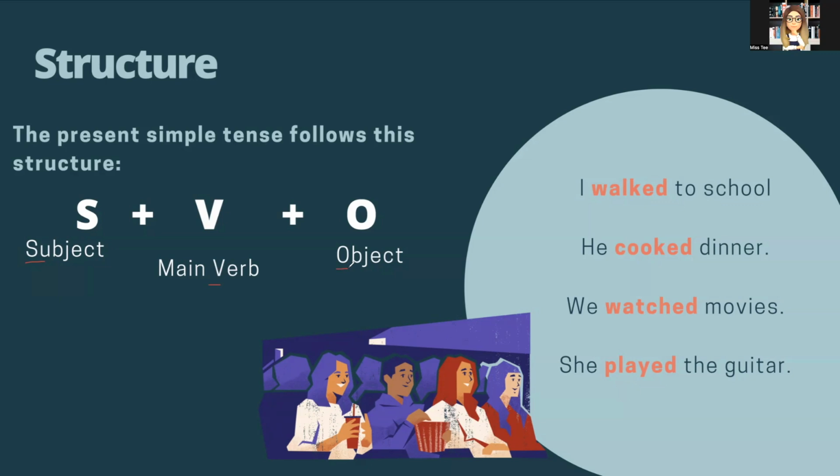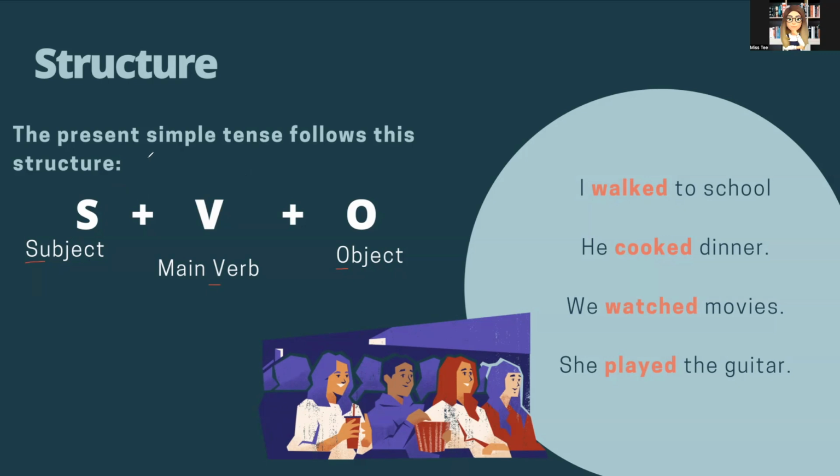Just like we've already been over previously, it's just a reminder, the subject is the person or thing that is doing an action. The action is the verb. And then the object is the person or thing that the action is being done to. So those are the different parts of a sentence.